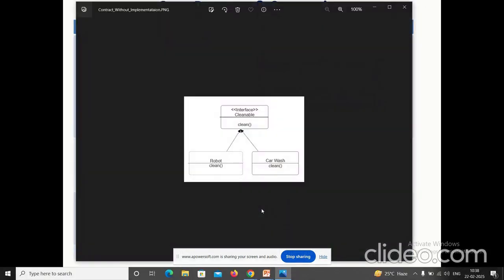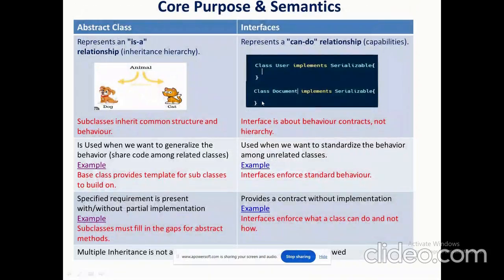Here we can see that the cleanable interface defines the clean method, and the robo and the car wash implement the clean methods in their own entirely different ways. So interfaces enforce what a class can do and not how.